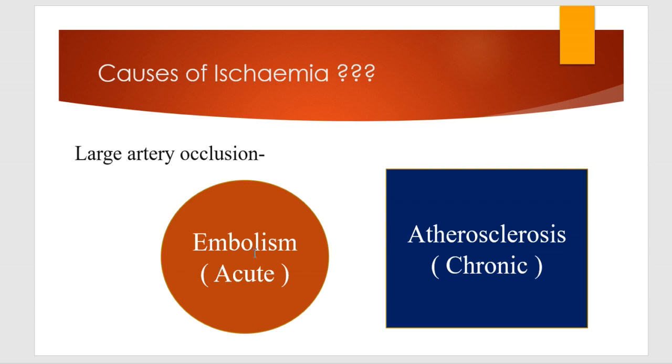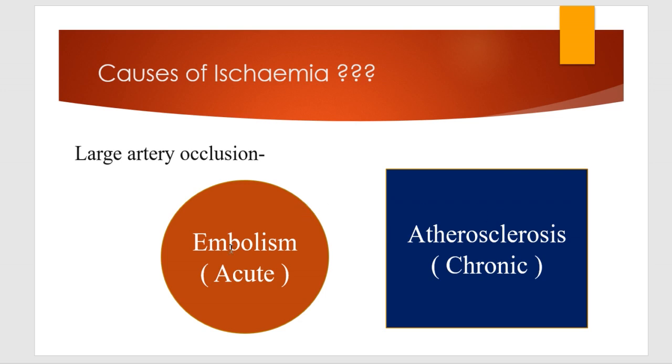And finally, this acute cause, embolism, will lead to wet or moist type of gangrene. Acute. Another major cause was the chronic. This is usually seen in patients in old age suffering from atherosclerosis, and usually this type of occlusion leads to dry gangrene.